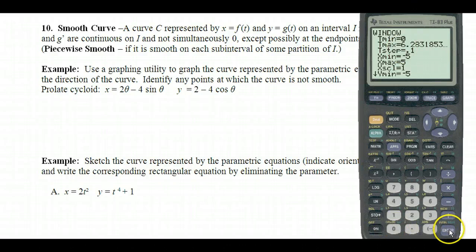So I'm going to stay at 0 and go to, let's say, 12 pi. It looked like my x values weren't quite high enough, so let's go from -8 to 8. And our y's definitely needed to be increased, so I'm going to stay at -5 but go to like 15.